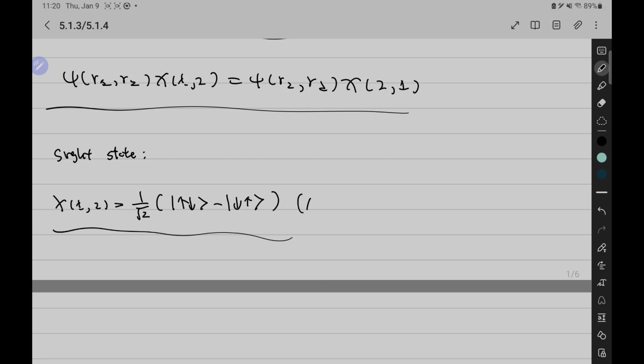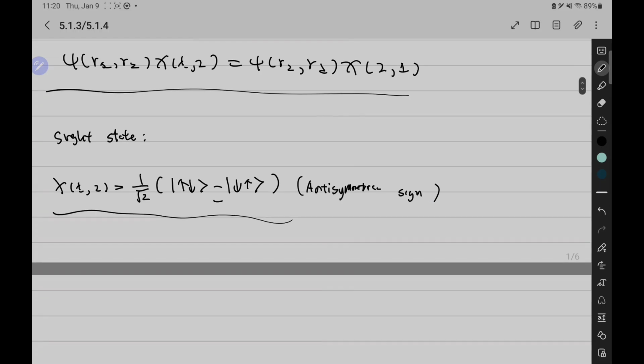And this is anti-symmetric spin. You could tell because of the negative sign in between them.